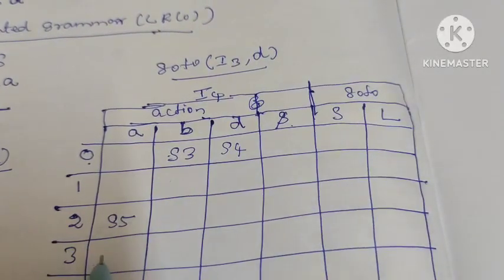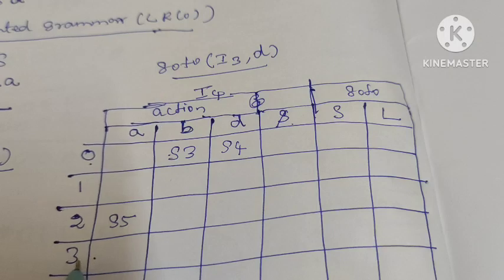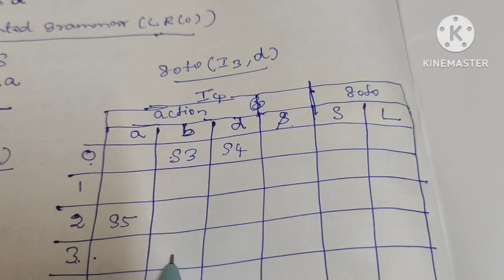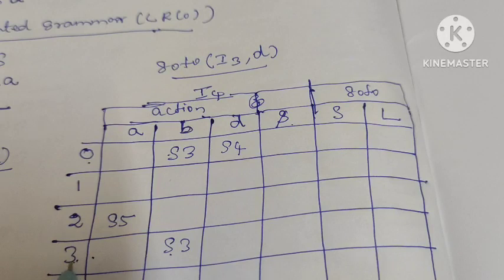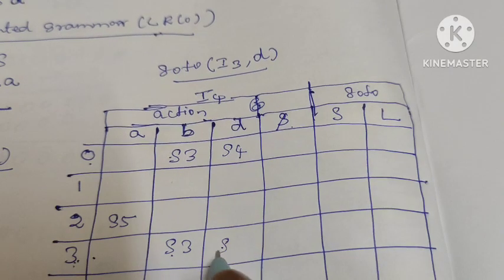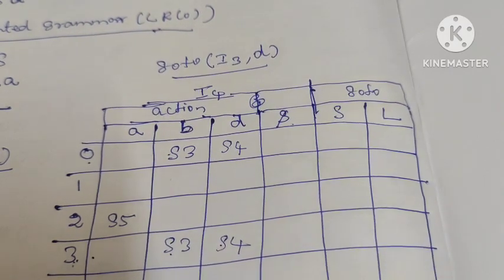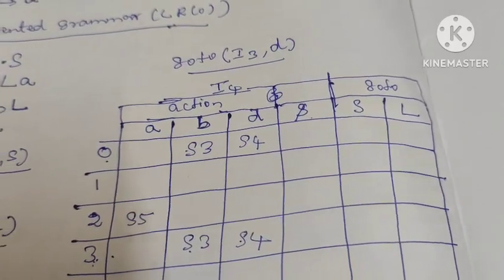So in 3, B produces I3, so write it as S3. Go to of I3 comma D produces I4, so write it as S4.